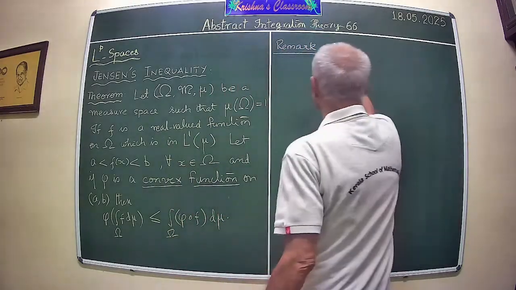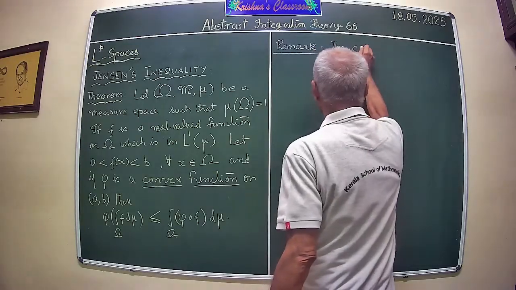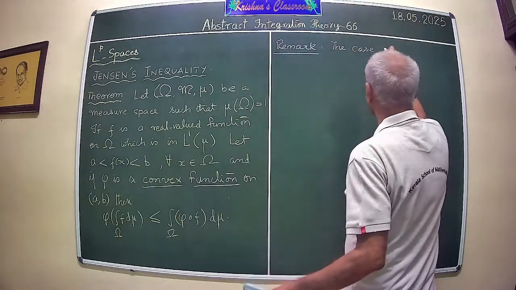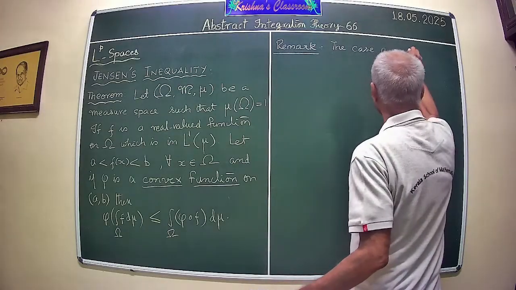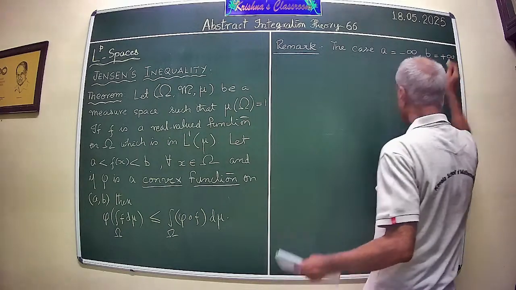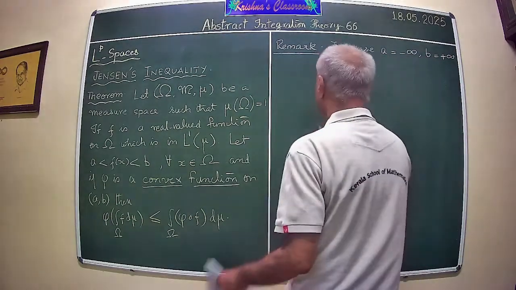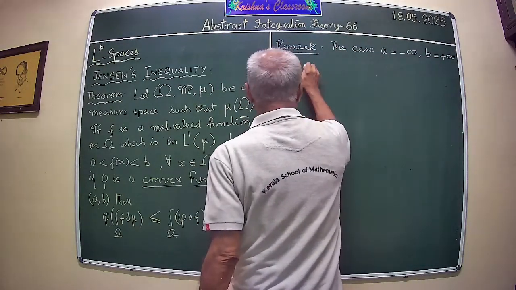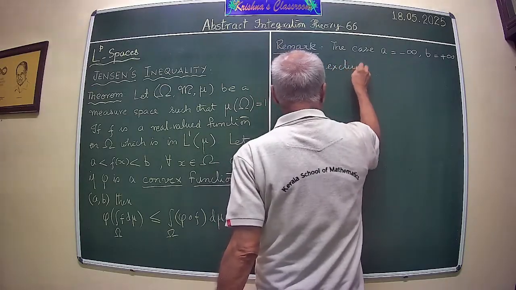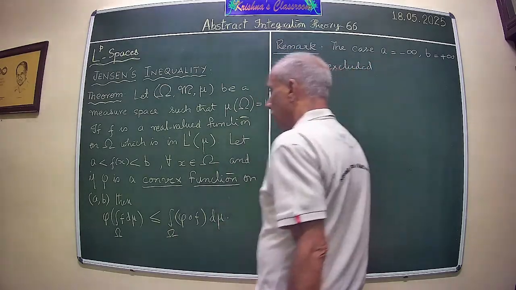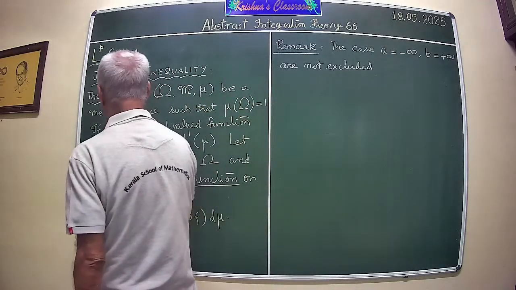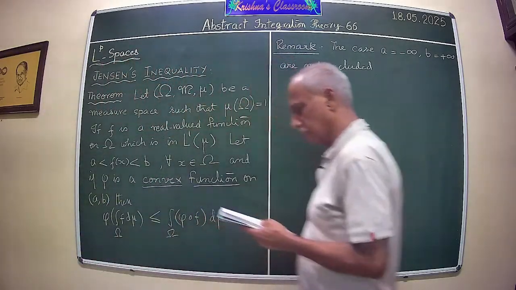The case a equal to minus infinity, b equal to plus infinity are not excluded. That means f(x) could be lying between minus infinity and plus infinity, or f could be any real valued function.